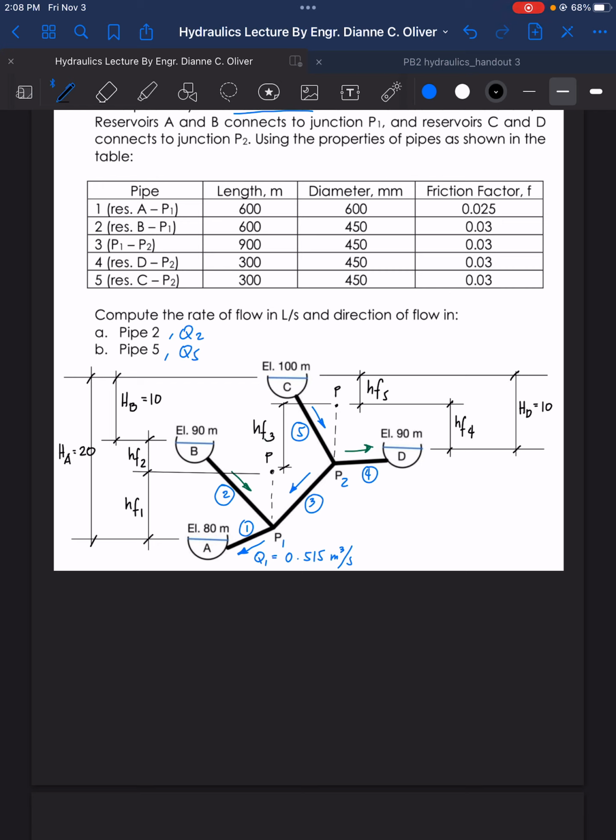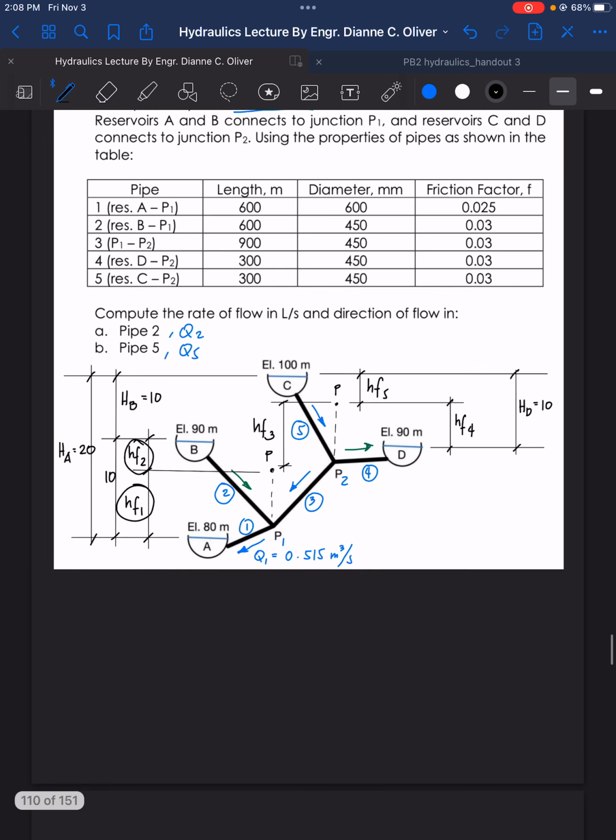So any more relationship here? How about this one? Elevation 90, elevation 80. The difference there is 10. HF2 plus HF1 is equal to 10. Okay, so we can now derive the equations from this setup.